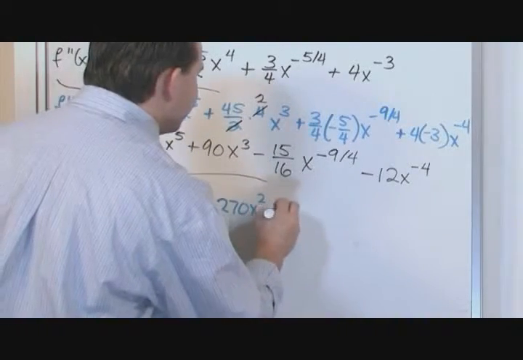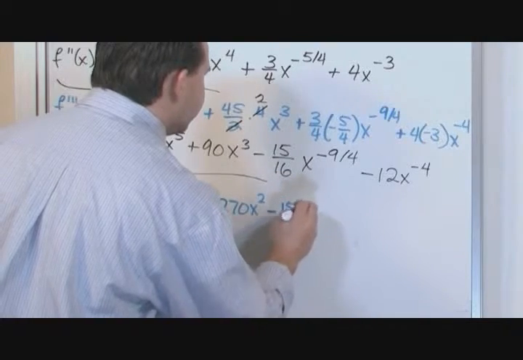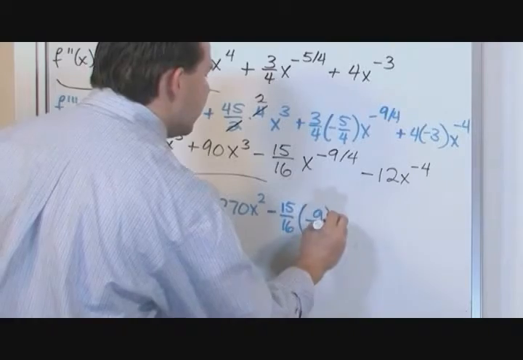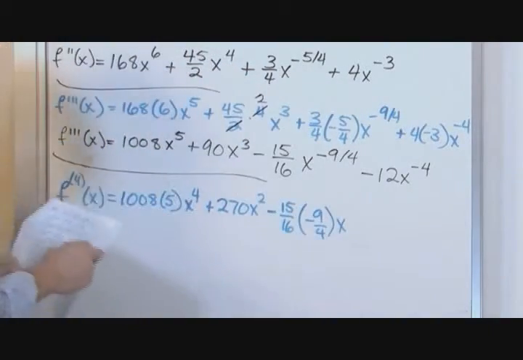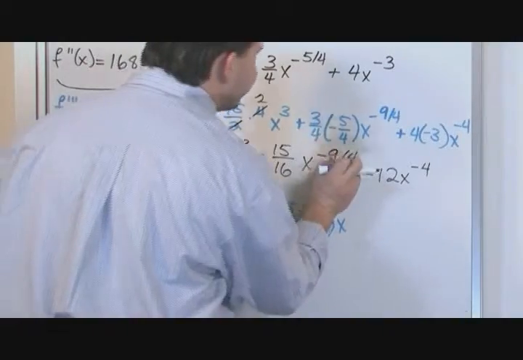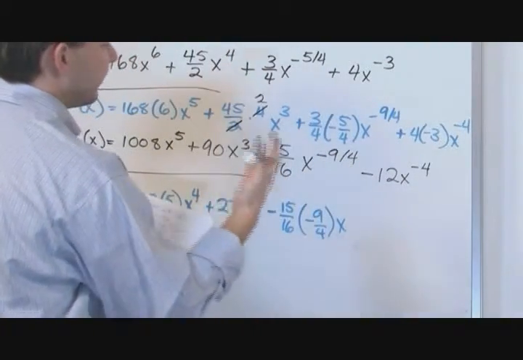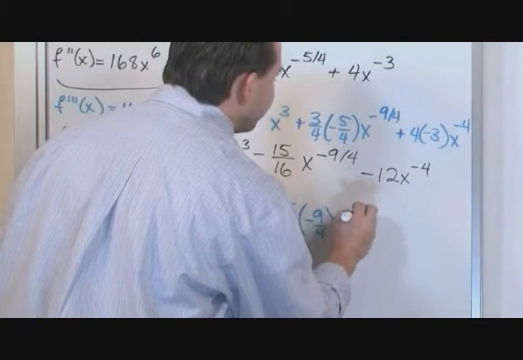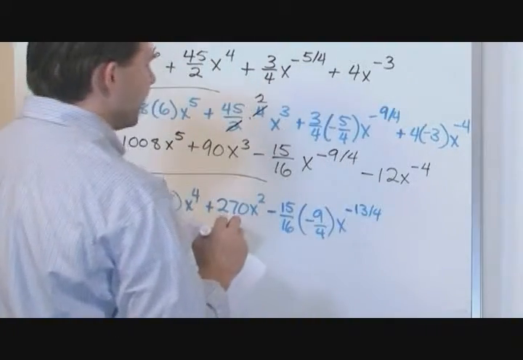And then we'll have 15 sixteenths times this guy, negative 9 fourths, x to the, if you take a negative 9 fourths and subtract 1, it's the same thing as subtracting 4 fourths, right? So you think in terms of your denominator, 4 fourths. So that's going to be negative 13 over 4 when I subtract that.